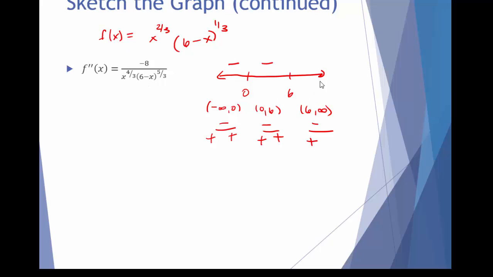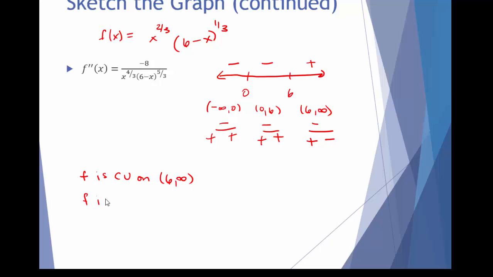When you plug in something like 7, you're going to get 6 minus 7. You're going to get a negative number in this factor. So that one's going to become negative. So that particular interval ends up being positive. So these are the signs of my second derivative, which tell me the concavity of my original function. So f is going to be concave up anywhere my second derivative is positive, so that's 6 to infinity.